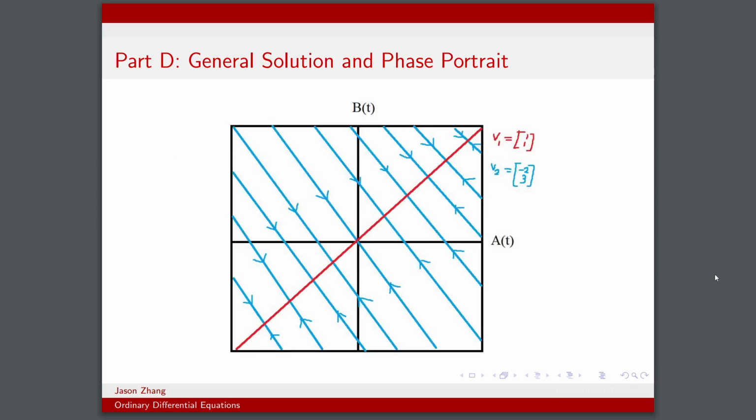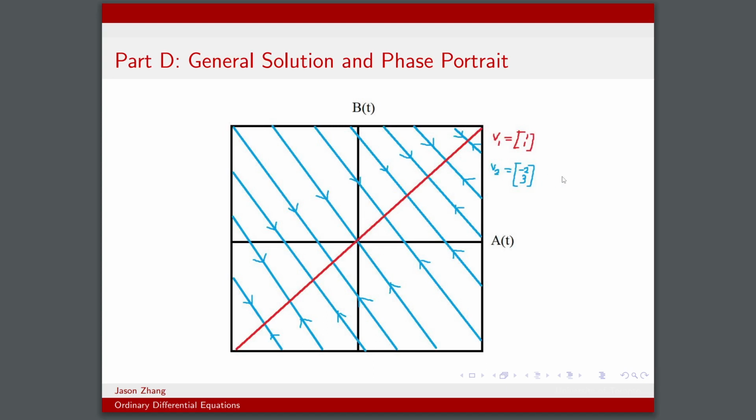And so now this is what our phase portrait looks like. Our phase portrait will be drawn according to what eigenvectors we have and their corresponding eigenvalues. So V1 is simply a line. Because its value is 1, 1, this shows the line where A of t is equal to B of t.